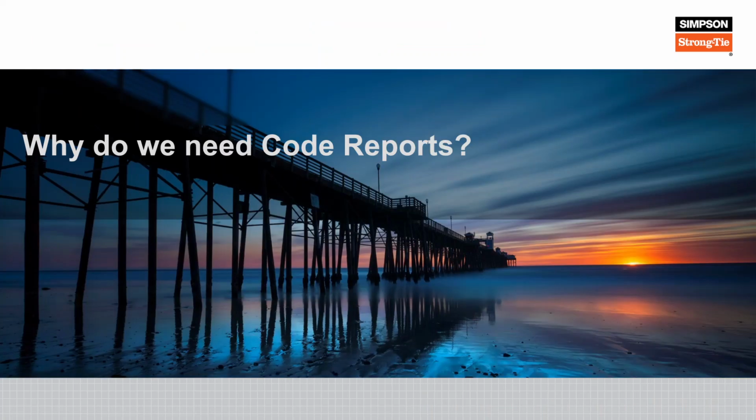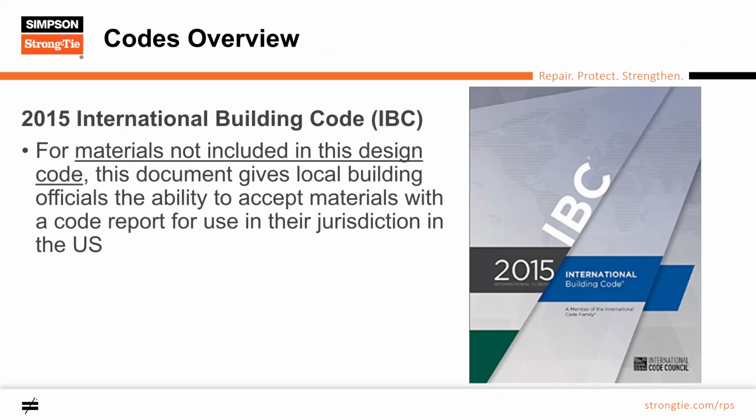Alright, so first section will be why do we need code reports? I think at the time we put this together, this was the most recent adopted version of the IBC. But the 2015 International Building Code, or IBC, basically allows materials that are not included in the design code.